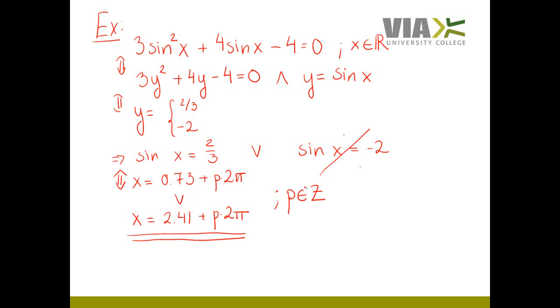So that is one way of solving trigonometric equations, and that's a method which you will often see, that if you are able to somehow rearrange so it will be a quadratic equation which you can solve, then that's one of the methods where you can solve some trigonometric equations. Alright, that was the first example.